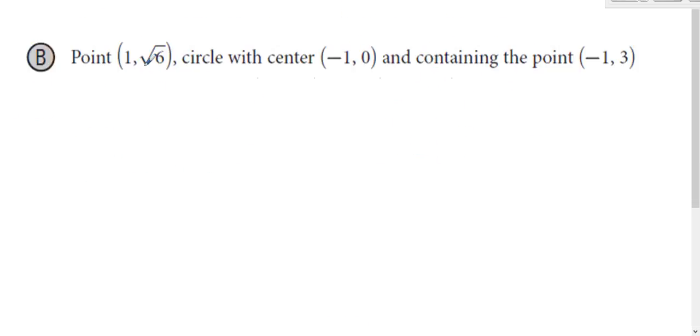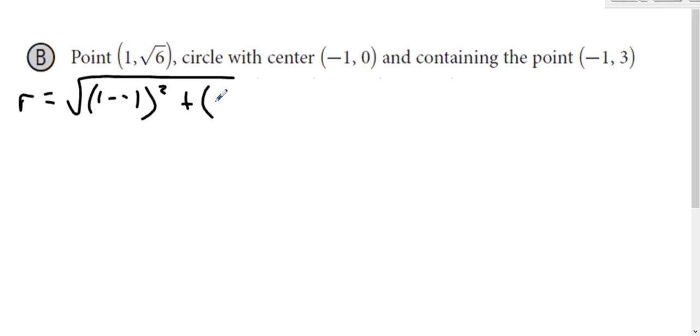So here we've got our center and the point 1, square root of 7. So we're going to first find the radius of the circle. Square root of x minus x, so 1 minus negative 1, squared, plus y minus y squared.